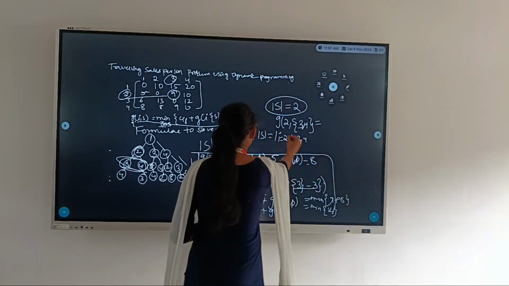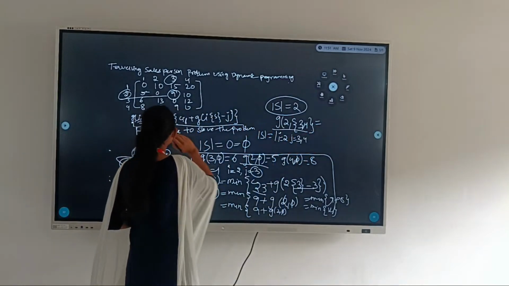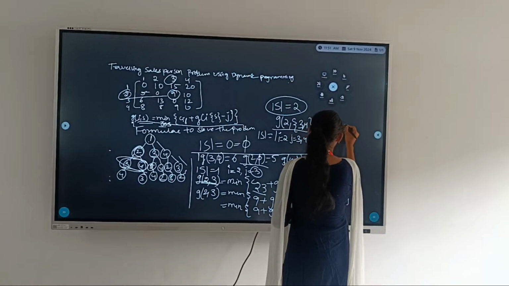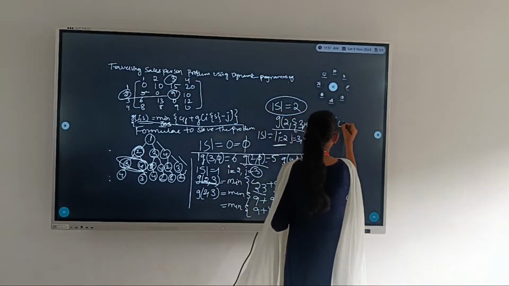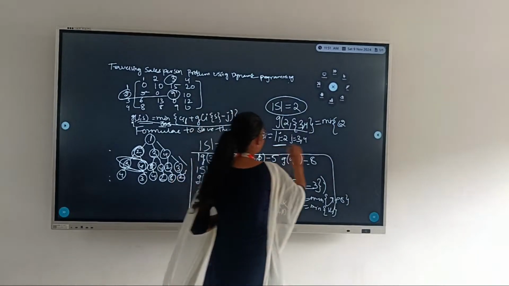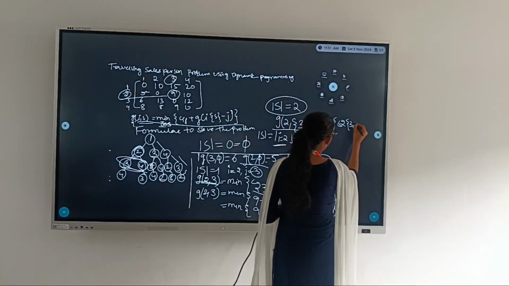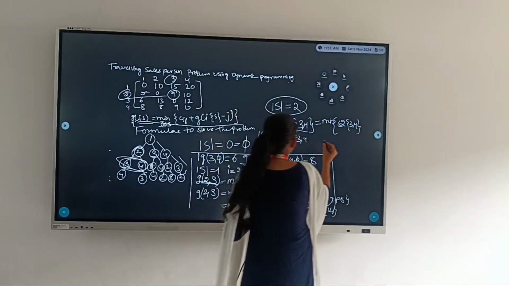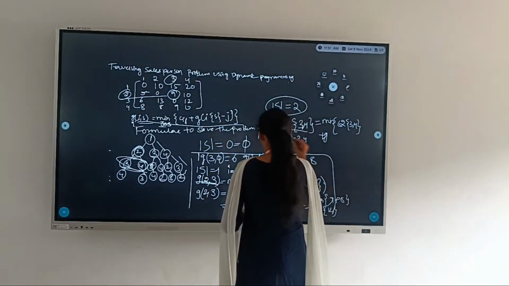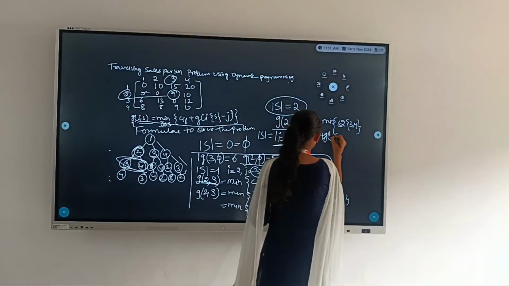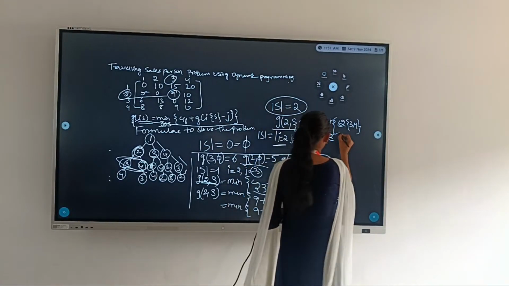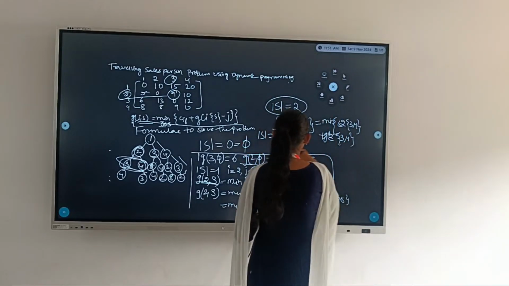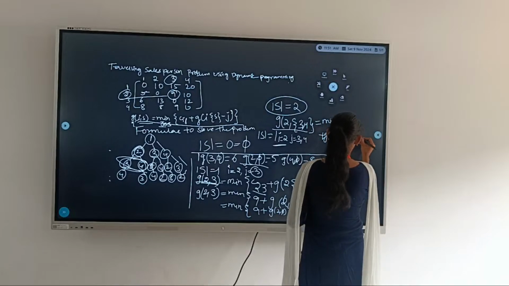Based on this, you should substitute in this formula. Min value is equal to, here I mentioned 2 and J 3 comma 4. Again plus G of I is 2, S is 3 comma 4 minus J, value is 4.